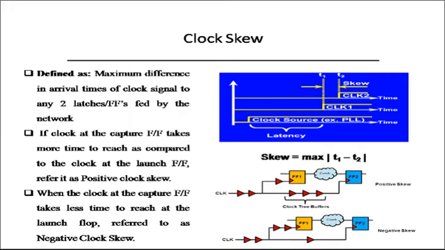Now see positive skew. If the clock at the capture flip-flop takes more time to reach as compared to the clock at the launch flip-flop, then it is referred to as a positive clock skew. Can you identify, out of these two, flip-flop 1 and flip-flop 2, which is called the capture and which the launch flip-flop?